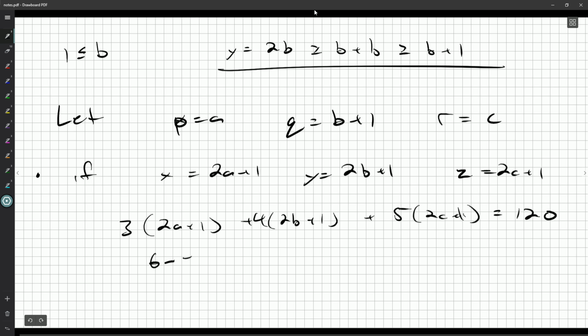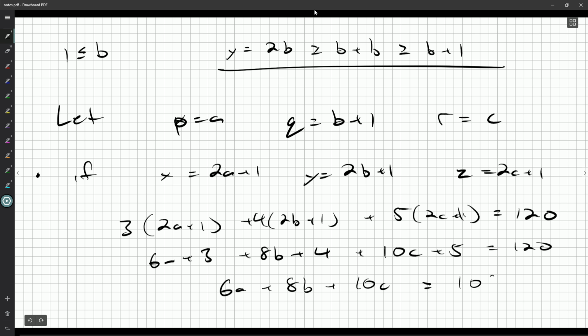So that's going to be 6A plus 3, 8B plus 4, 10C plus 5. So 6A, 8B, 10C, our sort of go-to is subtract off 12, so 108, divide by 2, 3A plus 4B plus 5C is 54, so we need to make up 6.